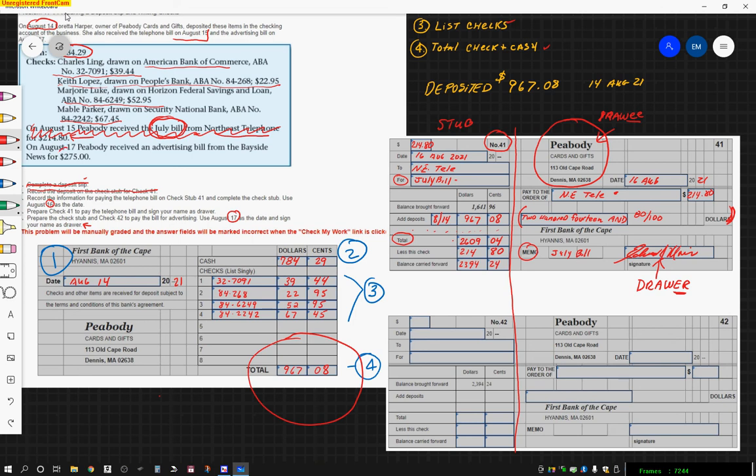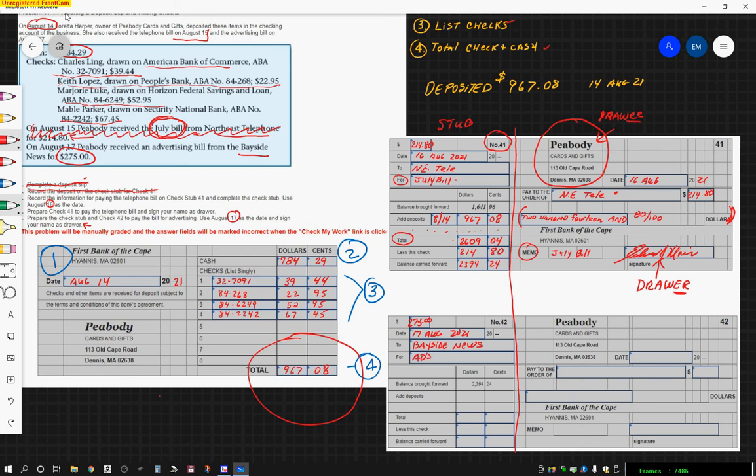Well, it's right up here, $275. The date was the 17th of August. Who was it for? It was for the advertising bill from Bayside News. What was it for? Well, it was ads.